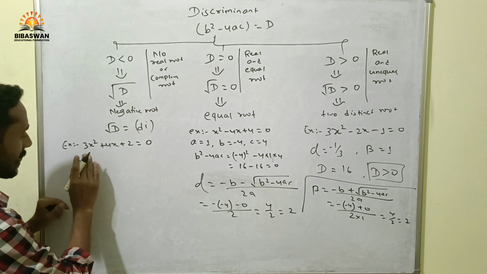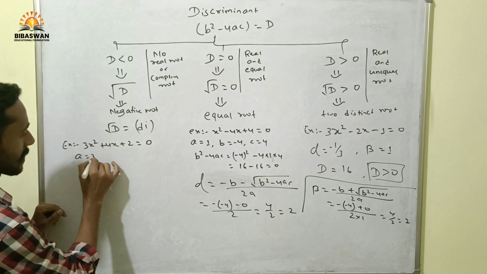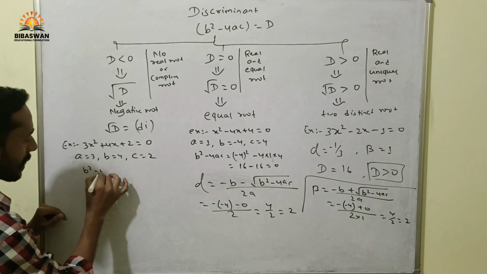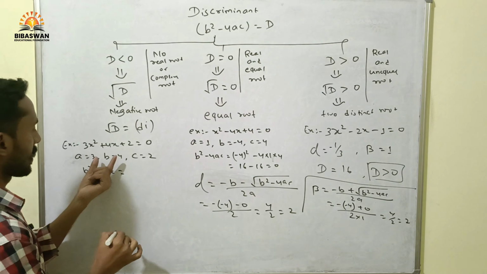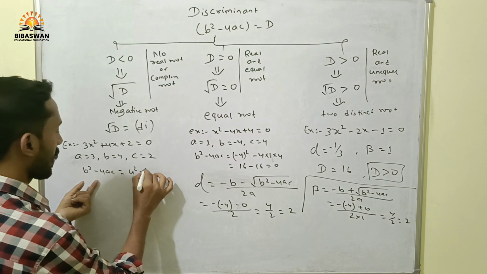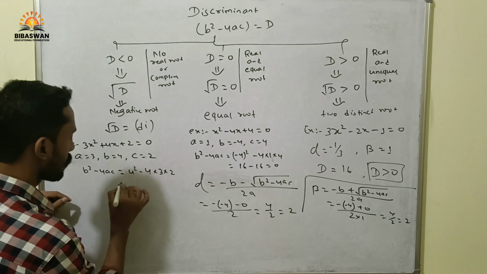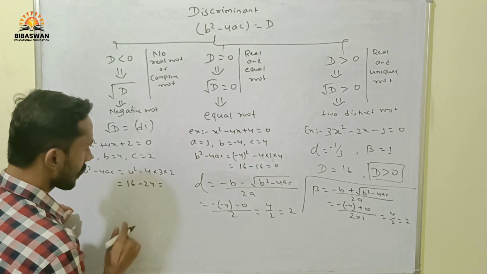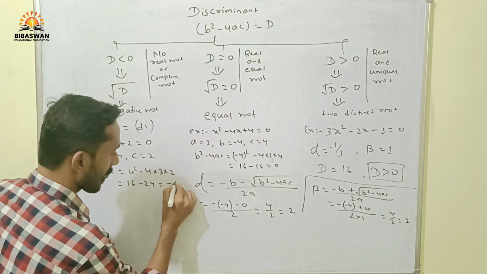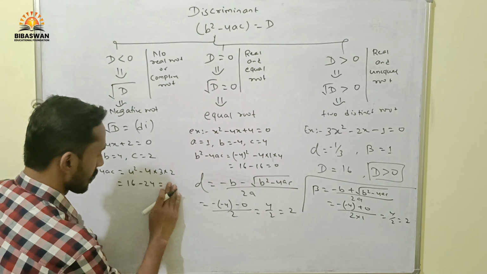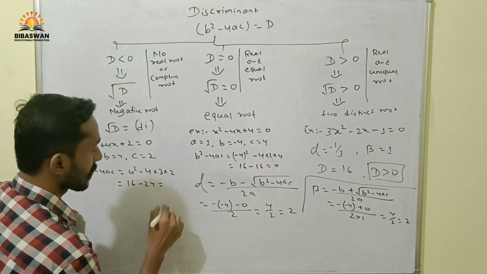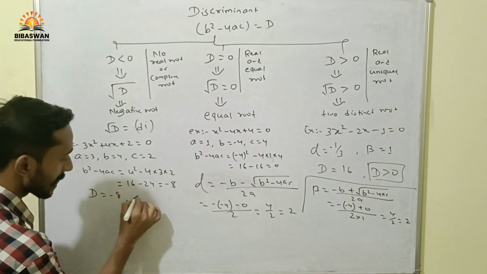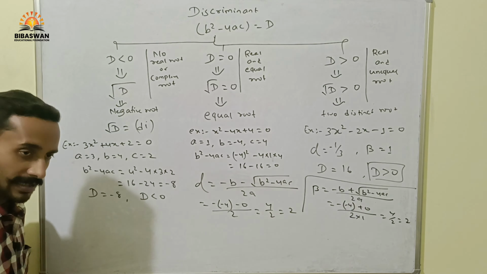Now a is 3, the value of b is 4, the value of c is 2. b square minus 4ac, what is the value? b square, 4 square minus 4 multiply 3 multiply 2, 16 minus 4 times 3 is 24. What is the value? Minus 8. So that's 16 minus 24, minus 8. Now D is equal to minus 8 and D becomes smaller than 0.